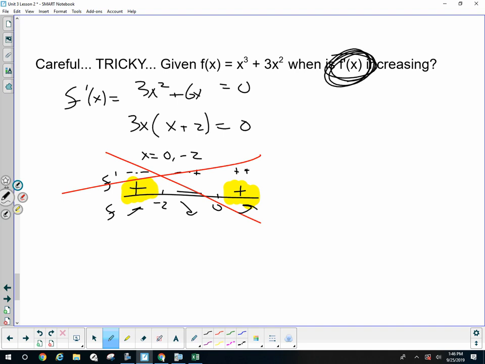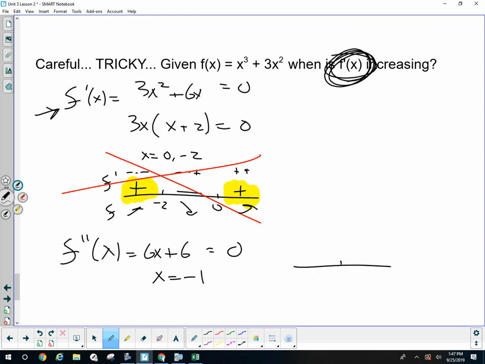Discuss with your neighbors. What does that mean we have to do? Analyze the sign of its derivative. Its derivative, which ends up being f double prime, who cares? I'm just saying f prime's derivative is 6x plus 6. Set that equal to 0, you get -1. You can factor out the 6 if you wanted to.